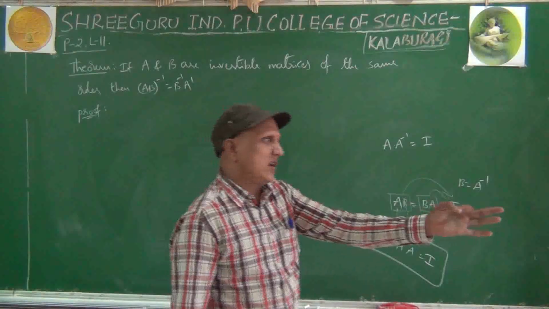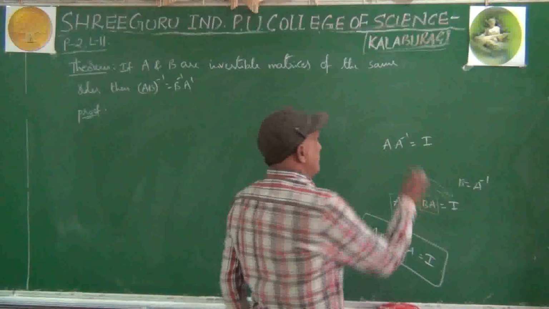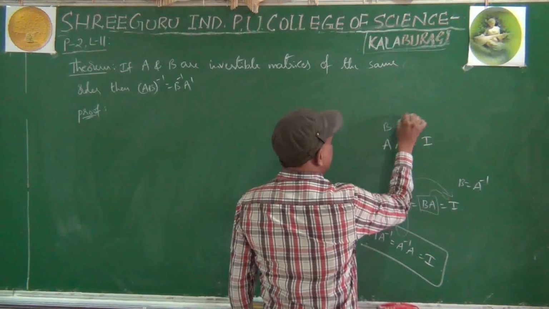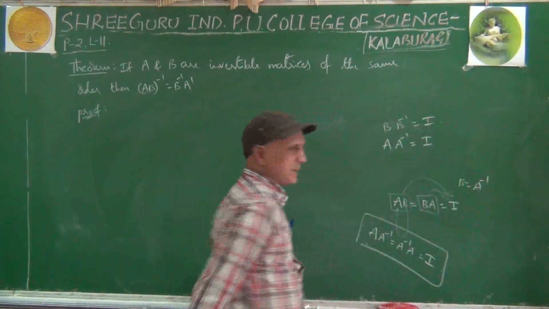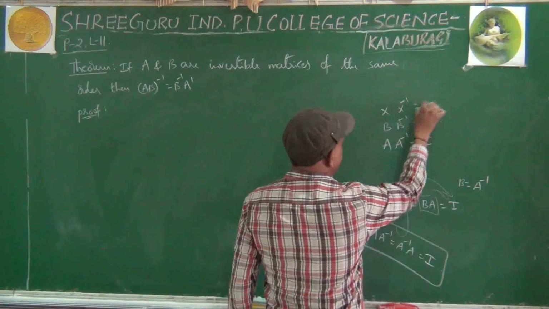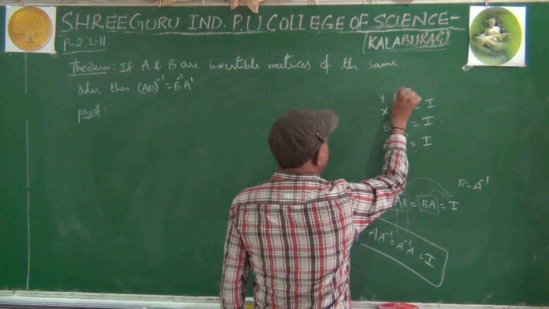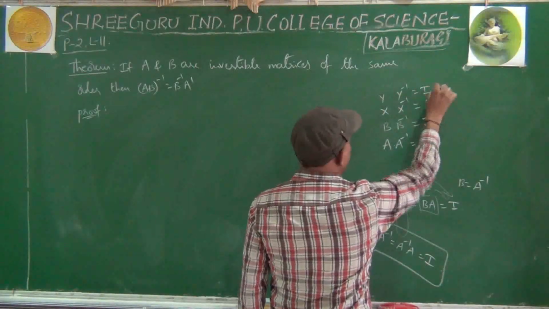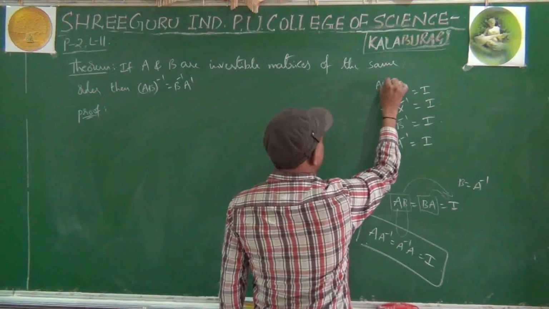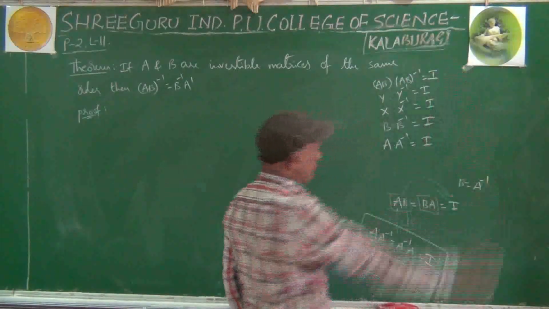If A is a square matrix, then A into A inverse equals I. If B is a square matrix, B into B inverse equals I. If X is a square matrix, X into X inverse equals I. If AB is a square matrix, AB into AB inverse equals I.